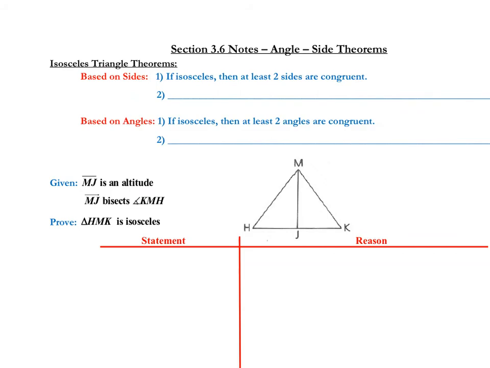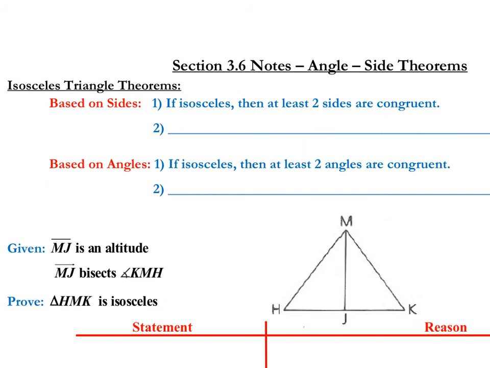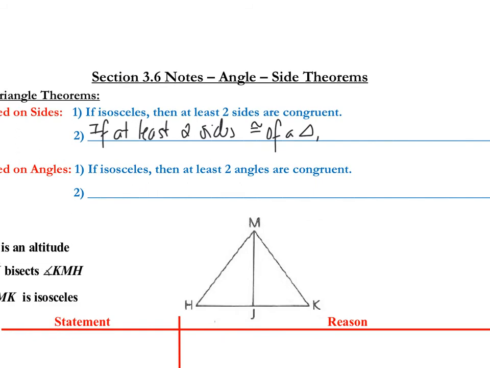So if isosceles, then at least 2 sides are congruent. Then the converse of that is if at least 2 sides congruent of a triangle, then isosceles.